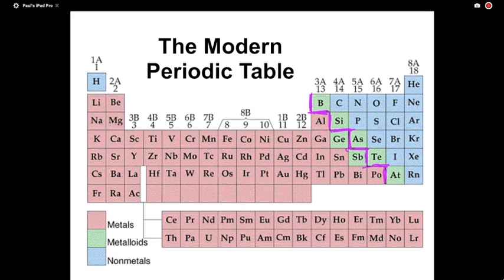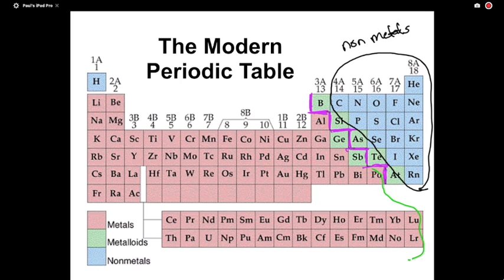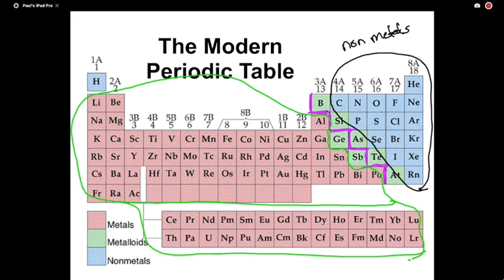And what it divides is a group or a type of elements that are indicated right here. These are called the non-metals. And a group of elements that are called, down here, the metals.